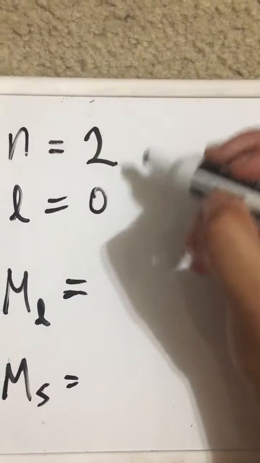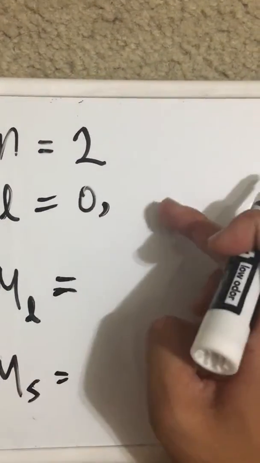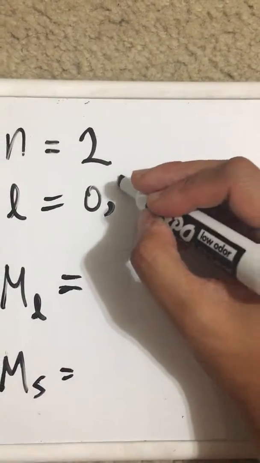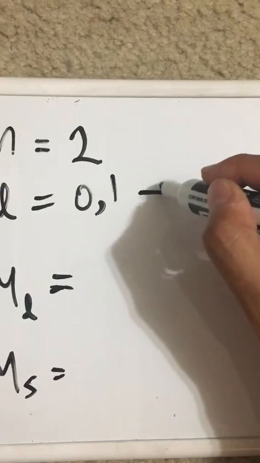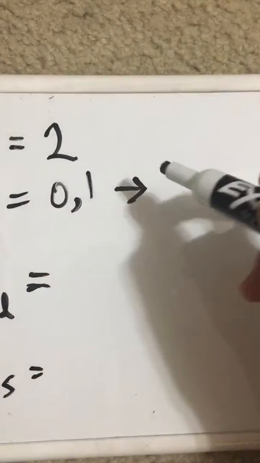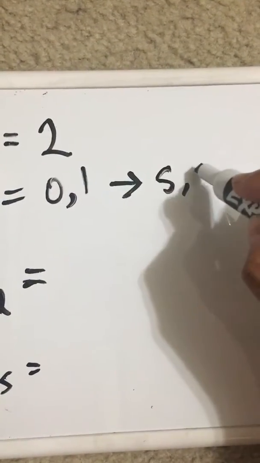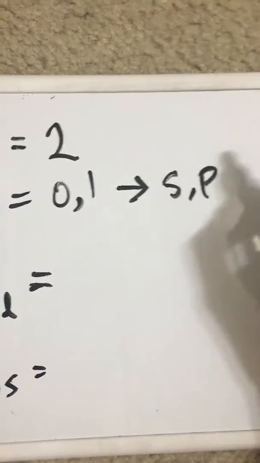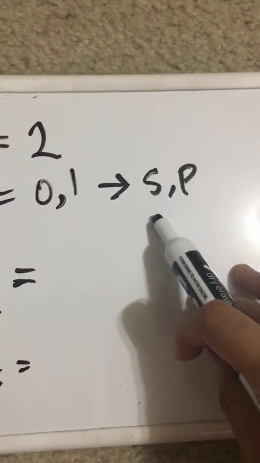So if we have a number higher than 0, we're dealing with all the numbers in between 0 and whatever number we got. So we have 0 and 1. Now, do you remember what these numbers correspond to? What letters? 0 corresponds to S, and 1 corresponds to P.